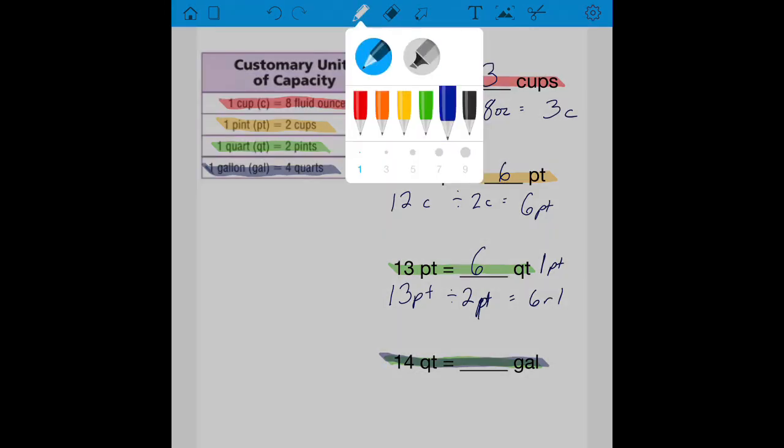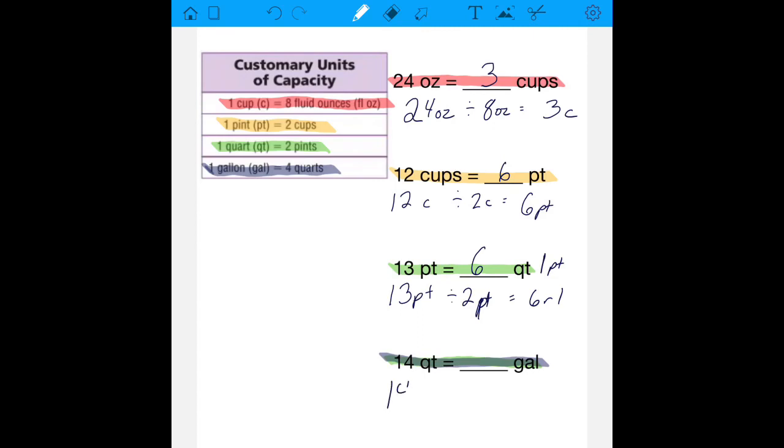So to do this, I'm going to do 14 quarts divided by 4 quarts in a gallon, and again, I'm going to get a remainder. I am going to get 3 remainder 2. What that really means is that this is equal to 3 gallons with 2 leftover quarts.